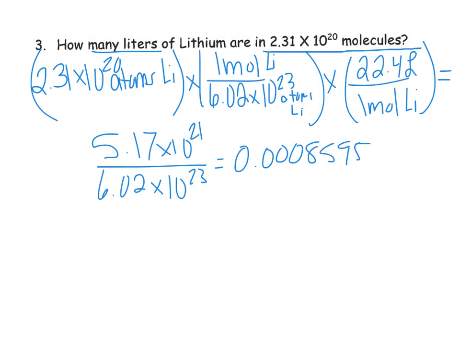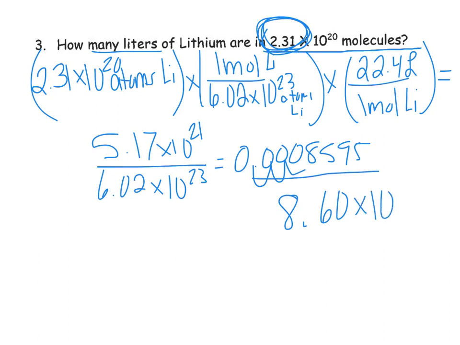Now, if I want to do the same with this number, because I have 3 significant figures, that's what was measured and given to me in the problem. In order to put this in 3 significant figures, I can't just put 0.85. That number is different than 0.00085. So I have to put it in scientific notation. 1, 2, 3, 4, 8.60 times 10 to the minus 4. And that is liters of lithium.